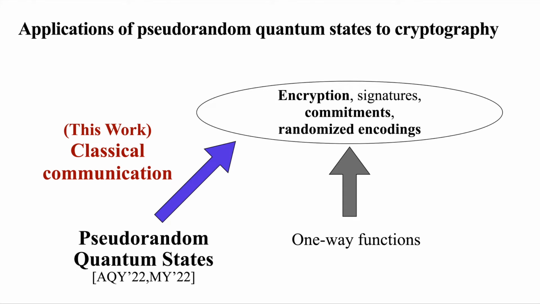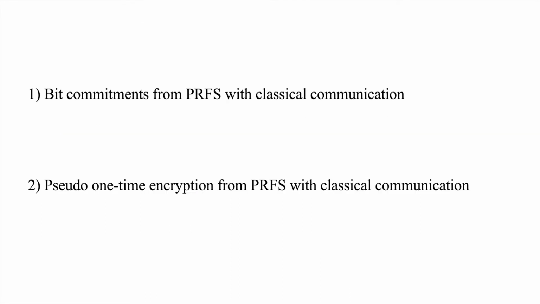We don't construct signatures, so coming up with signatures from PRS with only classical communication is still an interesting problem. In more detail, we show that we can construct bit commitments from PRFS with classical communication, and we also come up with a construction of pseudo one-time encryption from PRFS with classical communication.